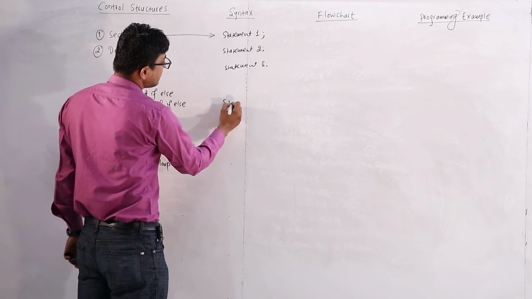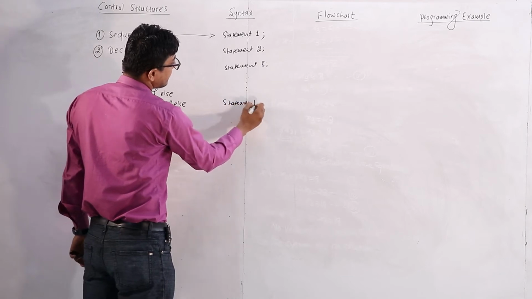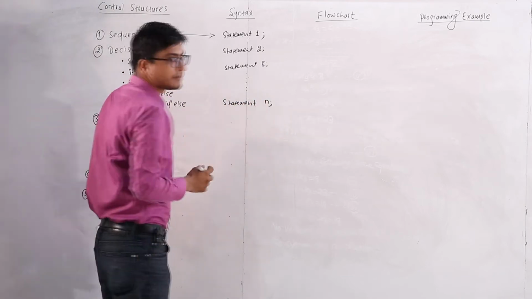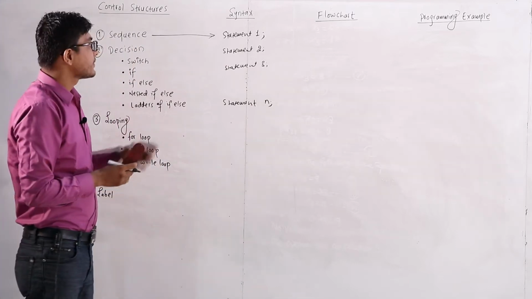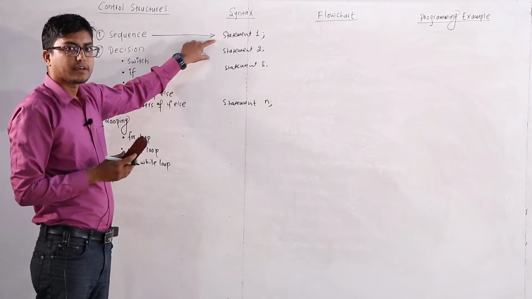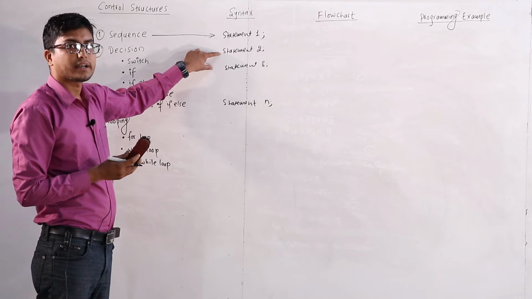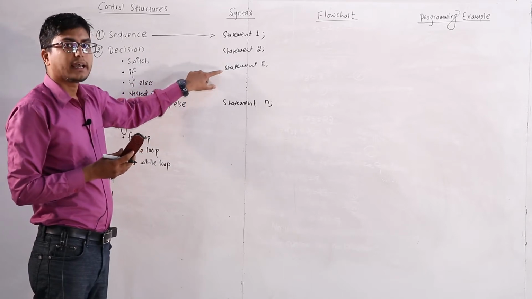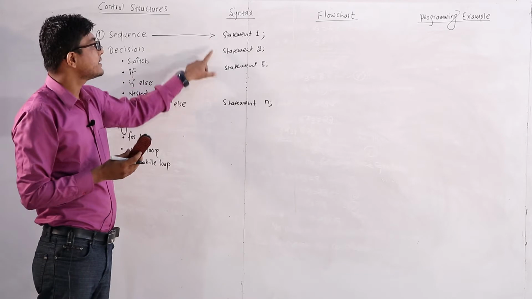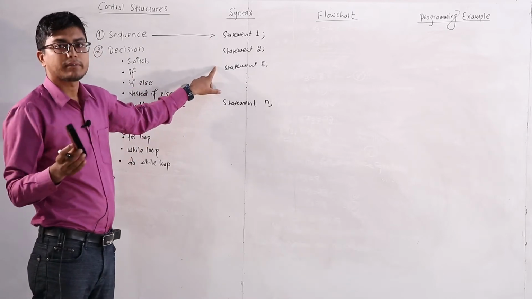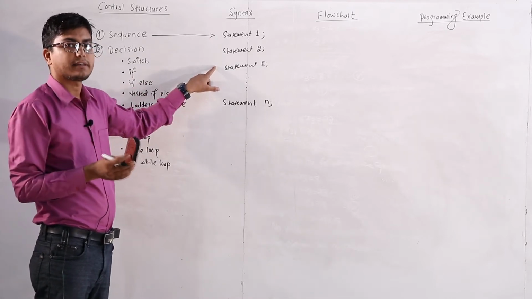At last statement n. In sequence, statement 1 is executed, after that statement 2, after that statement 3 and so on. So all the statements are executed one by one without skipping any statement.